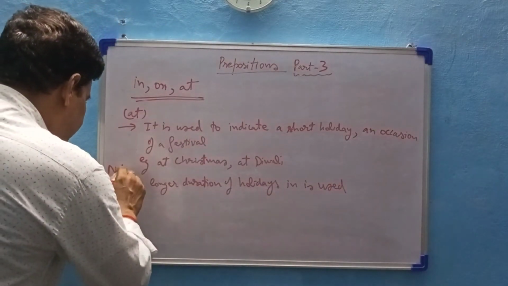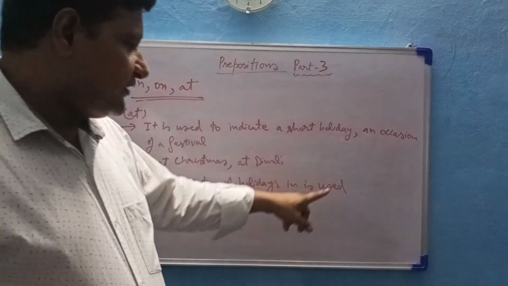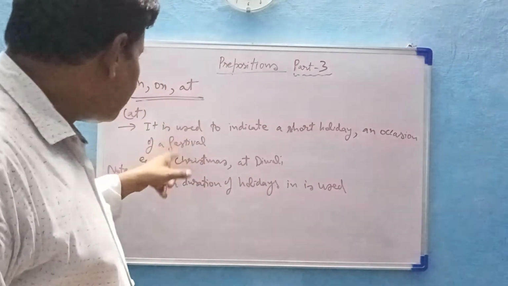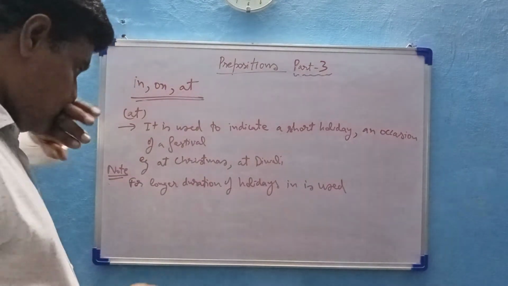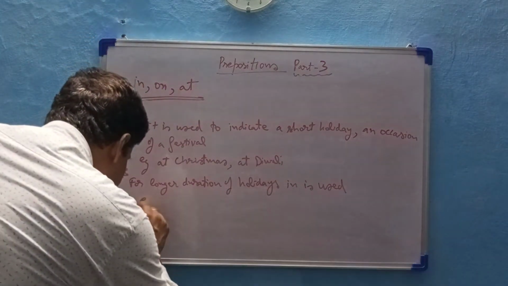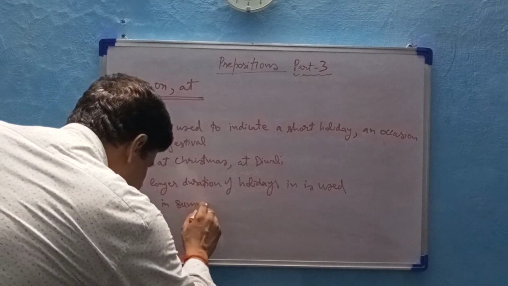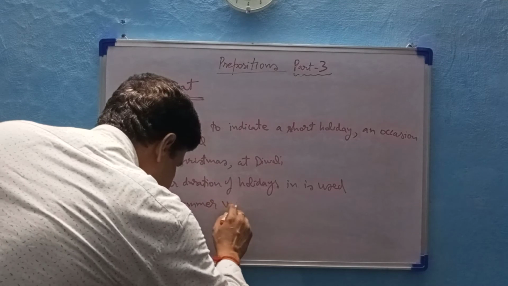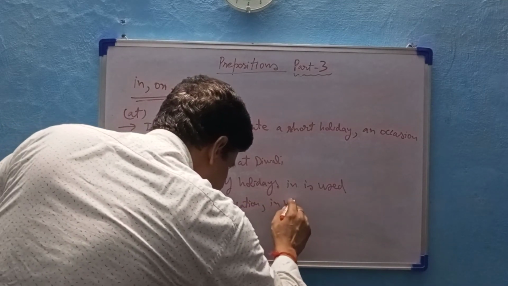This is a note. Take care that for longer duration of holidays you will use in. For shorter duration of holidays you will use at. So understand one example. In summer vacation, in winter vacation.